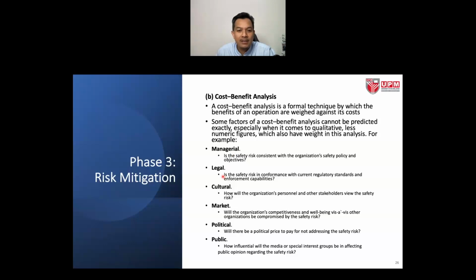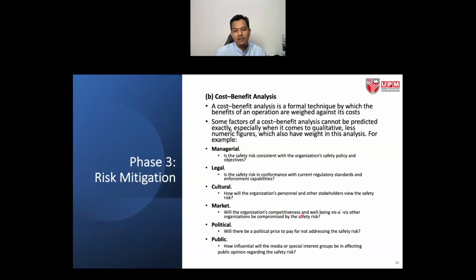It is qualitative. How about legal? Is the safety risk in conformance with current regulatory standards and enforcement capabilities? And then cultural: how will the organization, personnel and other stakeholders view the safety risk? How about market?